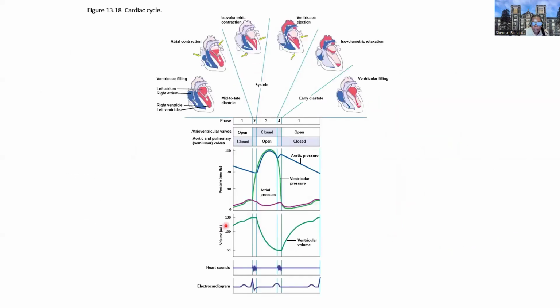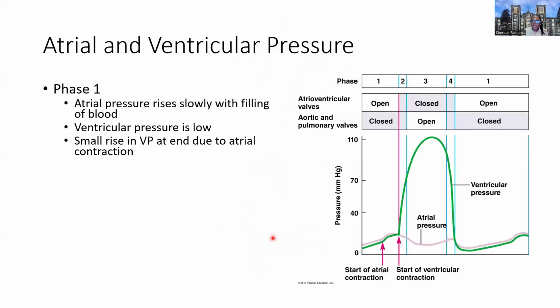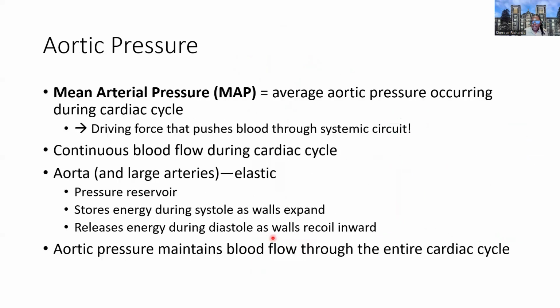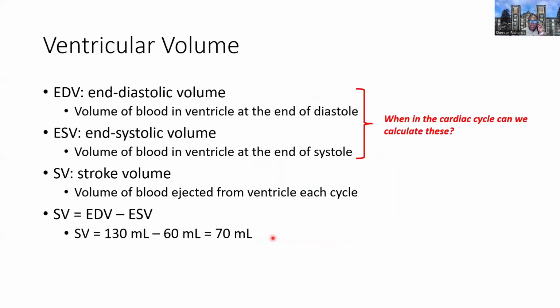Okay. If you look at the volumes here, at the end of phase 1 and throughout phase 2, we can detect the end diastolic volume. And then at the end of phase 3, or any time throughout phase 4, we can detect the end systolic volume, okay? So this is what's left back after we have ejected. So that is the time during the cardiac cycle when we can capture both of these readings respectively.